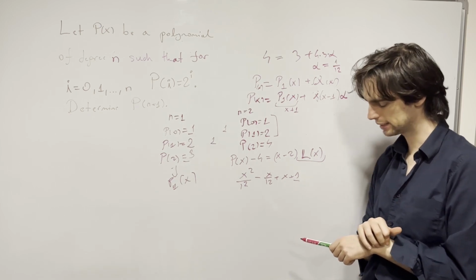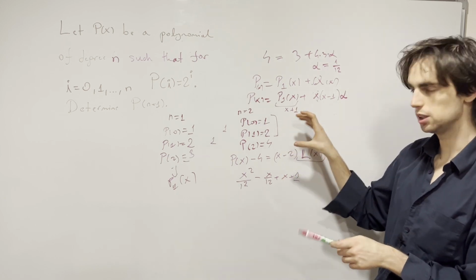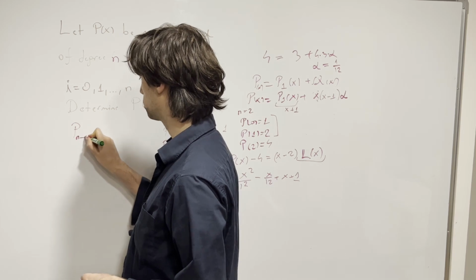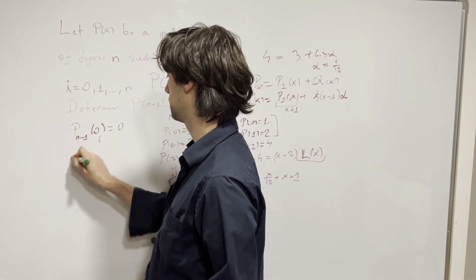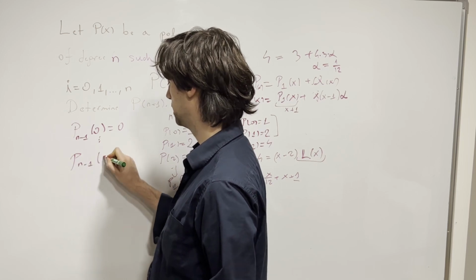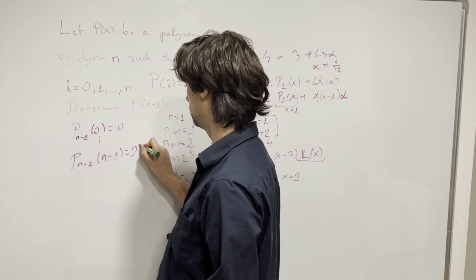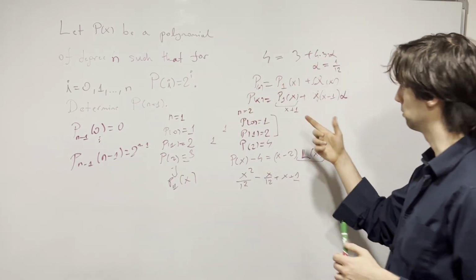But this problem is also asking, say we know a couple of these. Say we know the n minus 1 polynomial such that p of 0 is 0 all the way till p of n minus 1 is going to be 2 to the n minus 1. Say we know this polynomial and we're looking at the polynomial for n.